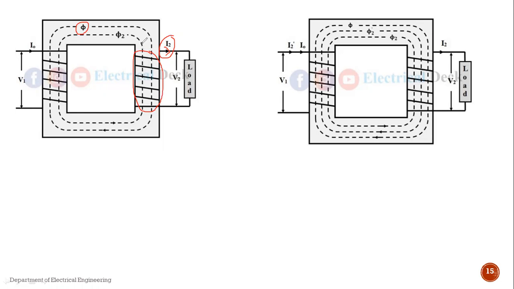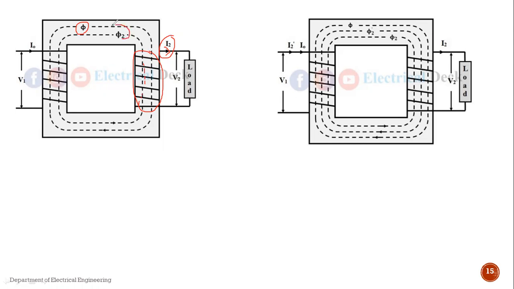So this flux will travel in the core, because the core provides the return path to that flux. Due to that current in the secondary coil, it will set up some flux phi2 in this core.